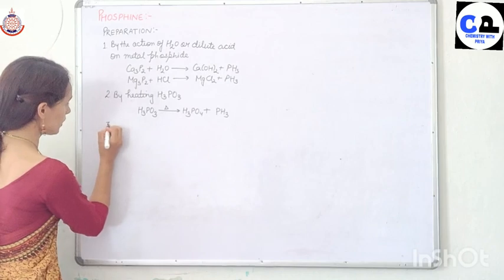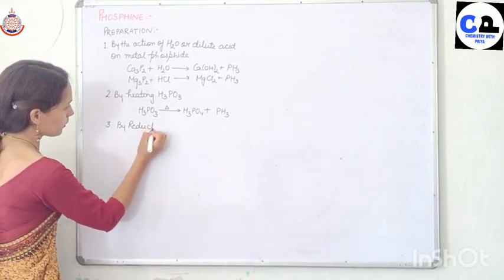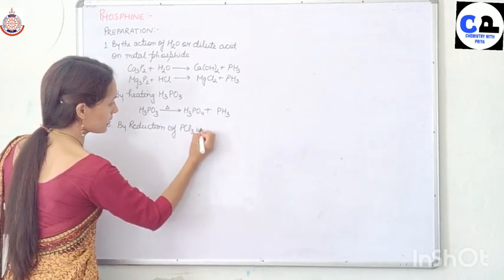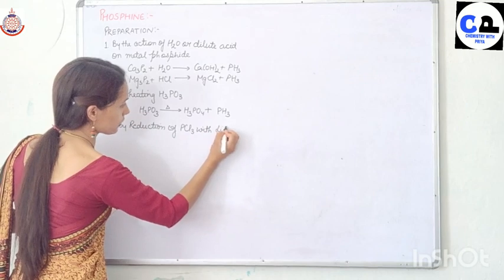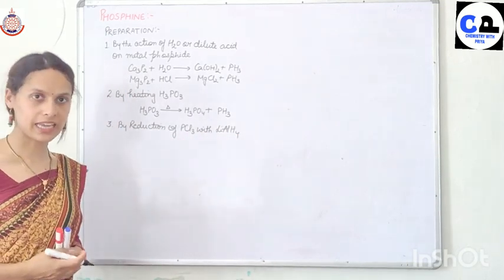Now, the third method is by reduction of PCl3 with LiAlH4.